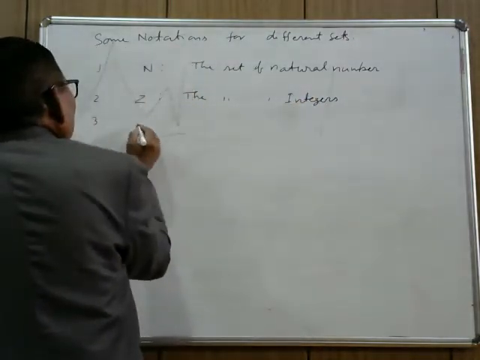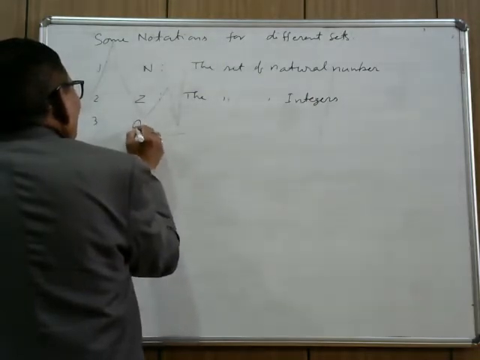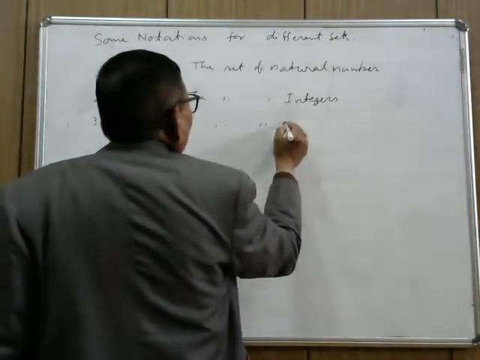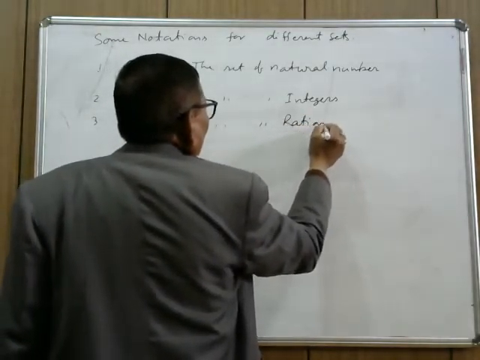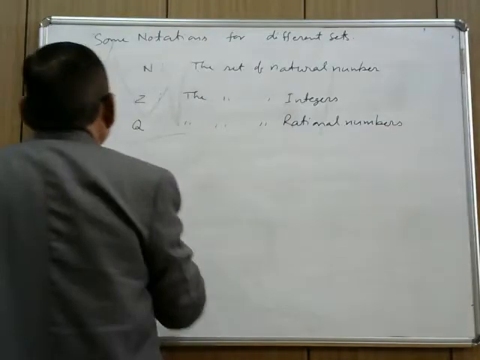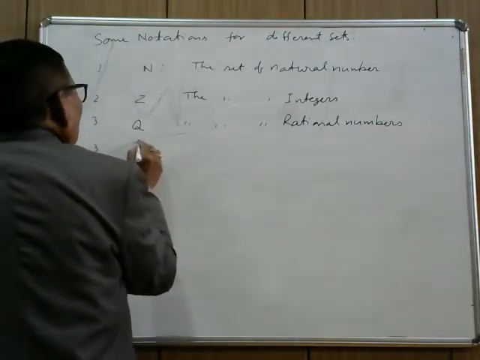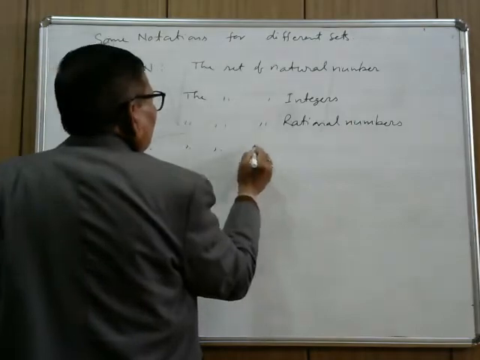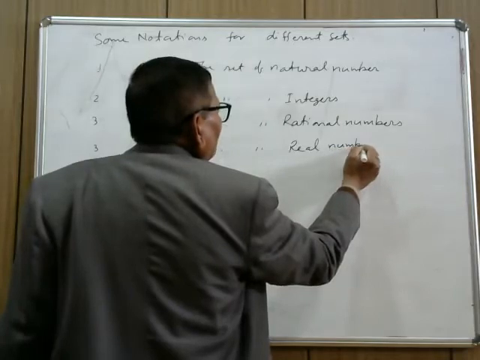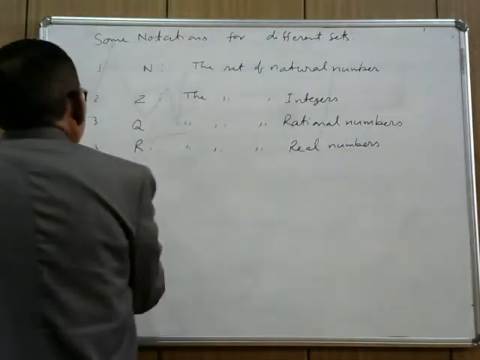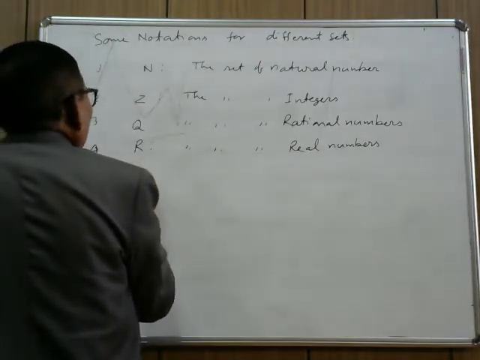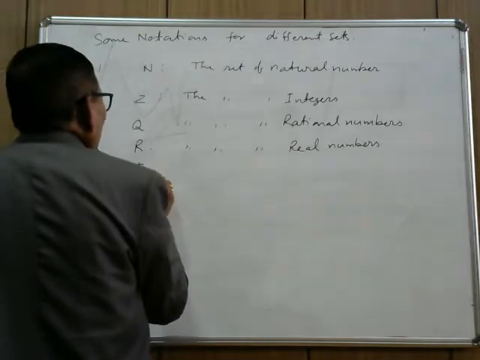Third, Q, the set of rational numbers. Fourth, R, the set of real numbers. Fifth, Z plus, the set of positive integers.